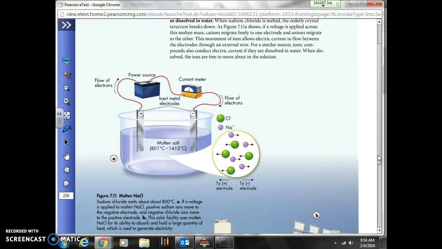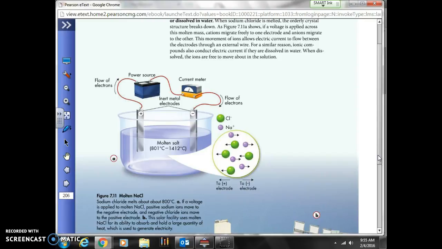Dissociate means they break apart into their separate cations and anions, their separate ions. And so you have these free-flowing ions when you dissolve the ionic compounds in water.